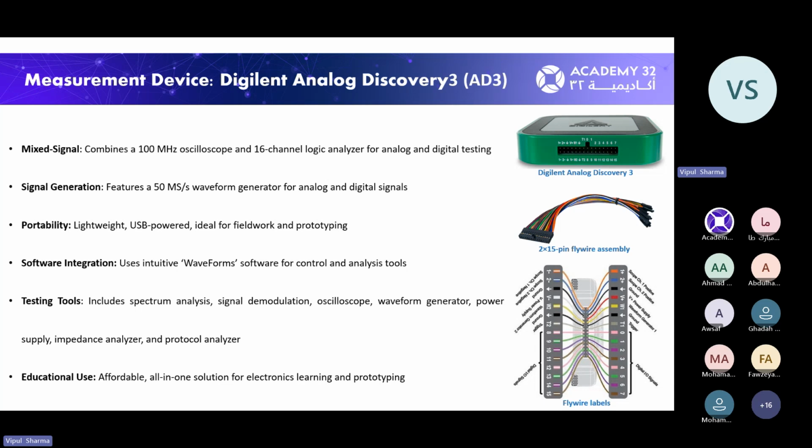I think that is the soul of this complete package. This software can be installed on your laptop, and that acts as a display for your measurement. And this is a cable assembly which gets attached to this device, and from there you can provide both the input signals and also measure the output signals.